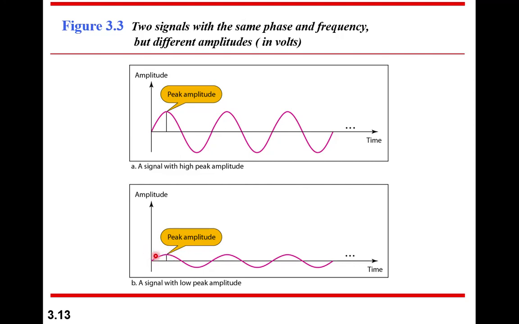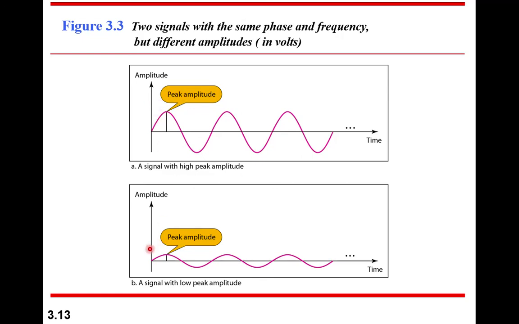You can see this signal has a lower peak amplitude value than this signal, so this signal is of higher intensity as compared to this signal, because it has a higher peak amplitude value.